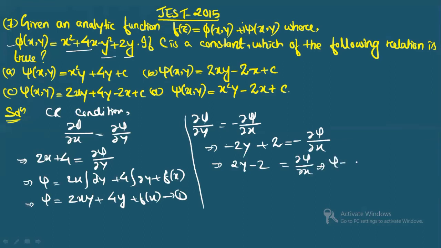So you can just write psi is equals to 2y integration del x minus integration 2 will be outside del x plus constant will be f of y. So psi is equals to 2xy minus 2x plus f of y.